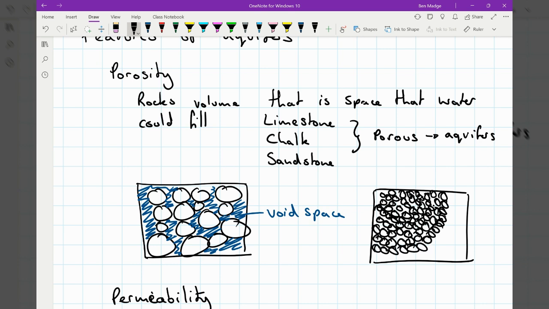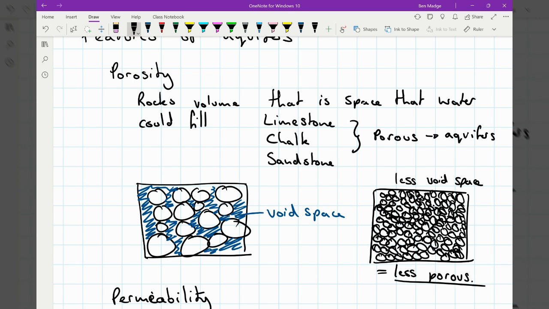And if you have things like igneous rocks, like granite, they do not have pores at all. They basically cannot hold very much water at all. So this one has less void space and therefore is less porous.